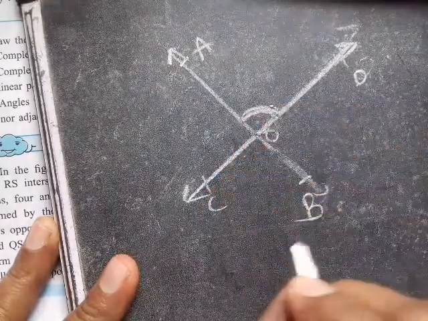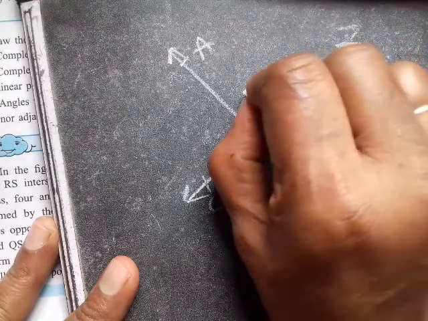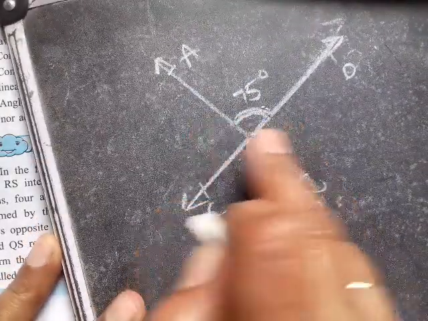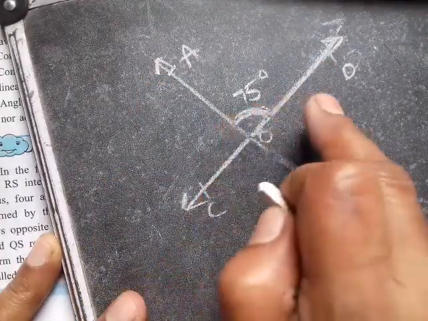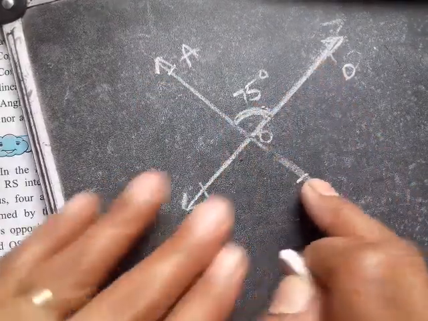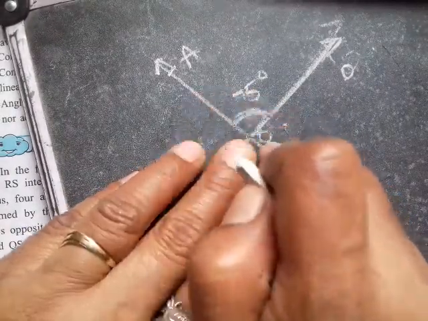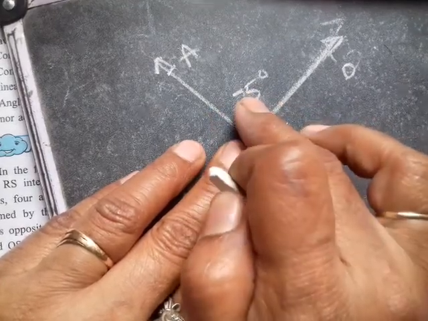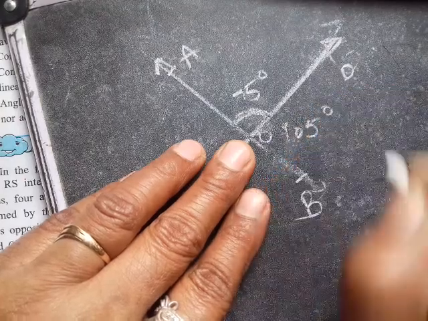Suppose one angle measurement is 75 degrees. If angle AOD is 75 degrees, then angle DOB forms a linear pair, otherwise a straight angle. Then 180 minus 75, I got 105.